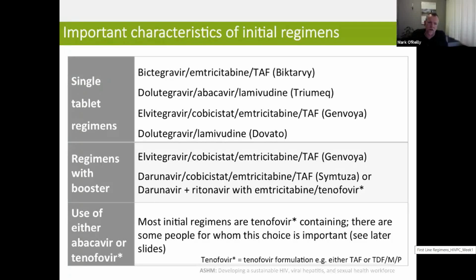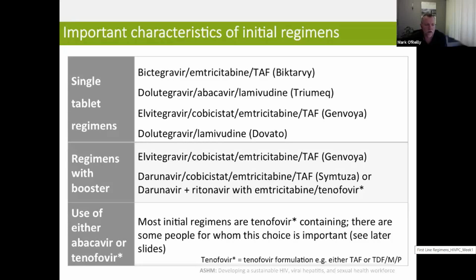So looking at all those first-line regimens by way of their particular characteristics, Biktarvy, the combination of bictegravir, emtricitabine and TAF, is a single pill regimen, as is Triumeq, Genvoya and Dovato, and you can see their specific ingredients there.